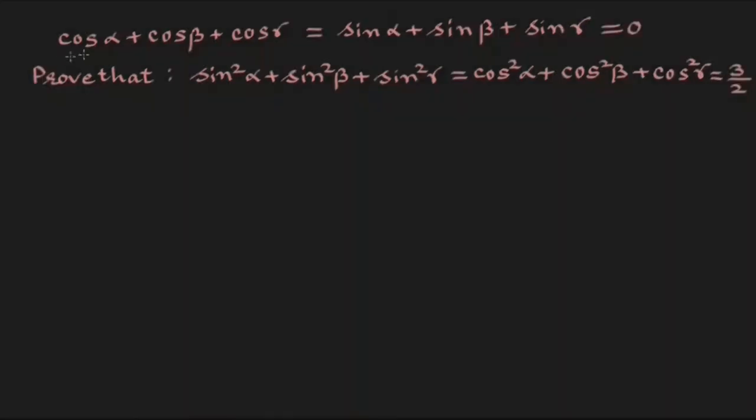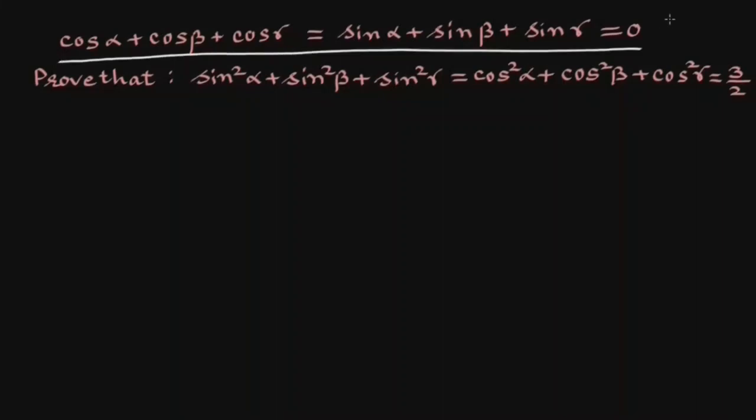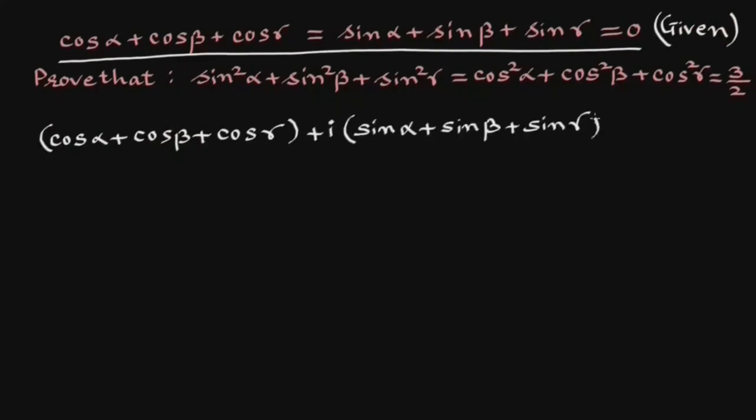Since cos alpha plus cos beta plus cos gamma and sin alpha plus sin beta plus sin gamma are each equal to 0, from this given part we write the first sum, which is given to be 0, plus I times the second sum, which is also given to be 0, will be 0.